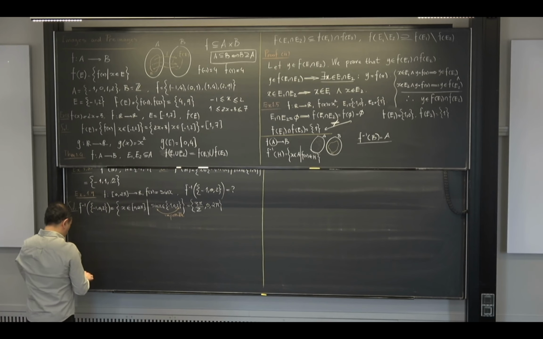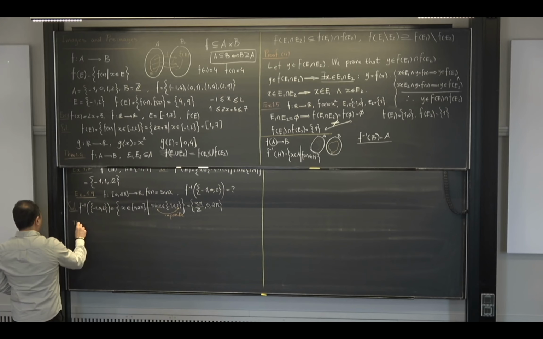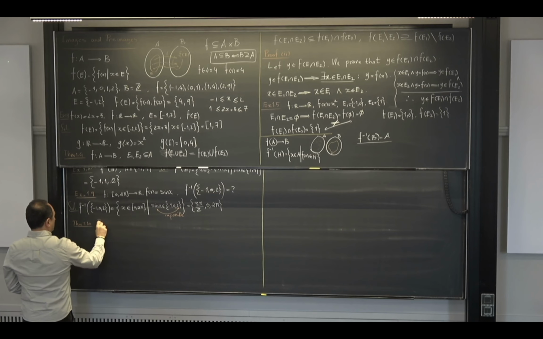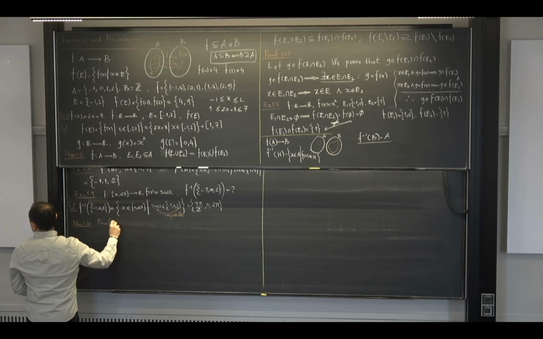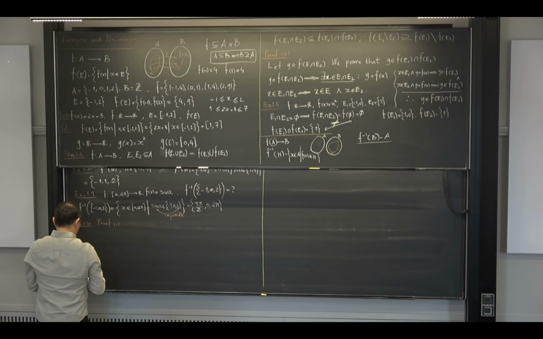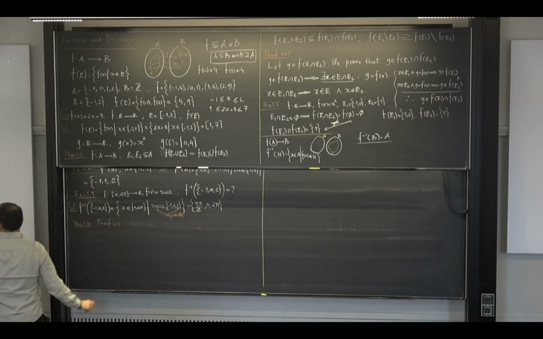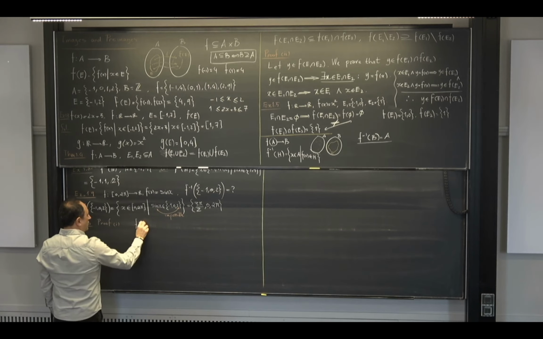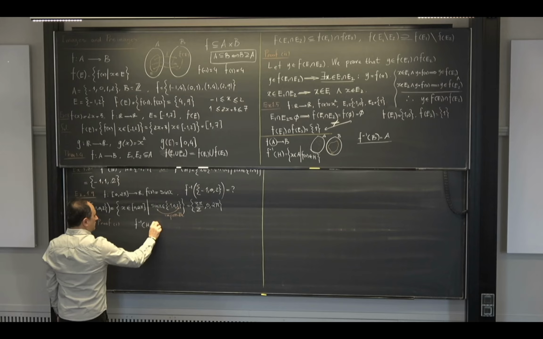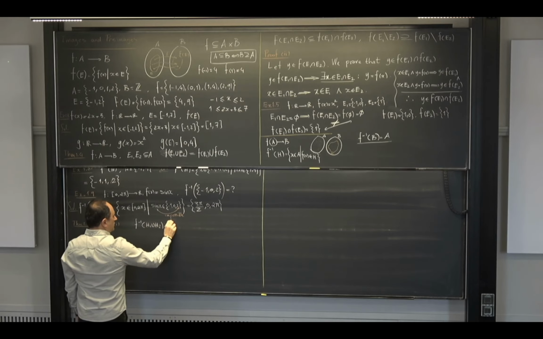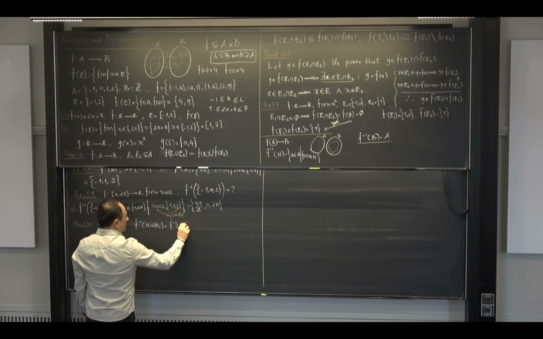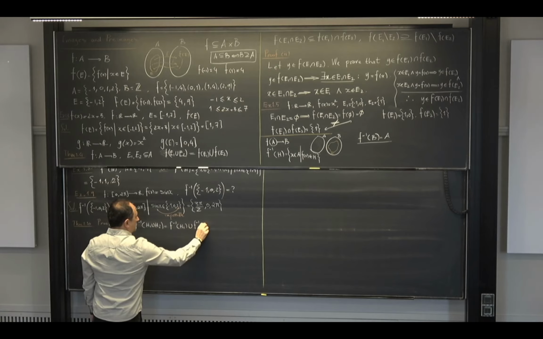So, theorem 1.10, proof of 1. Okay, so if I want to prove this, how should I prove this? I want to prove that F inverse of the union is equal to F inverse of the first one union F inverse of the second one.